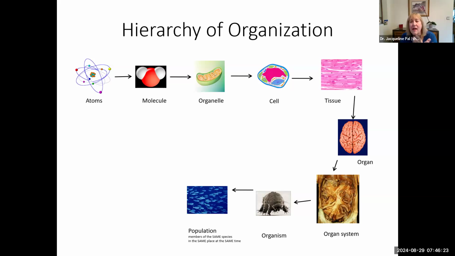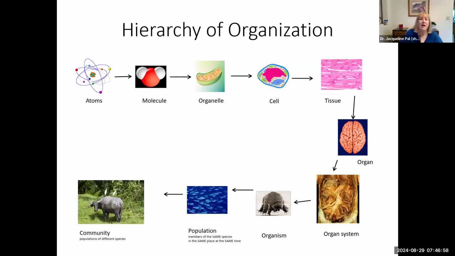So it's both time and place as well as species. So if we want to put multiple species together, if you want to include the ants you might have in the building or the cockroaches that might be in the building you're at, as well as the people in the building you are at, that would be a community.